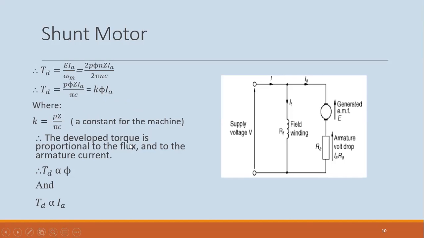So the torque developed is proportional to the flux and to the armature current. Separating them, torque developed is proportional to flux, and torque developed is proportional to IA. But you may be able to tell me something about what else the flux is proportional to. Anybody?